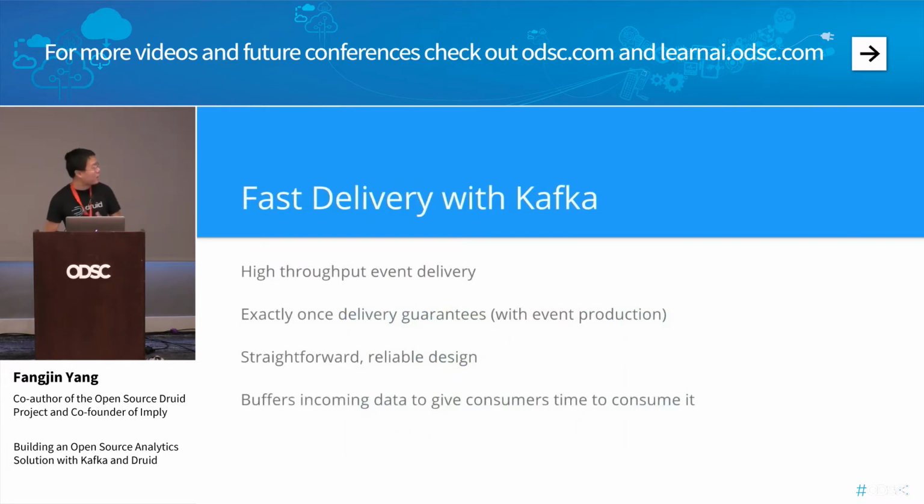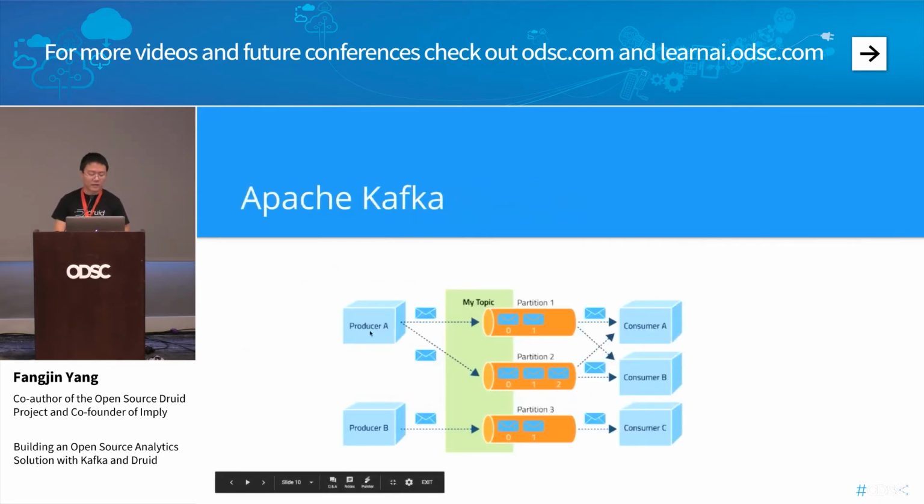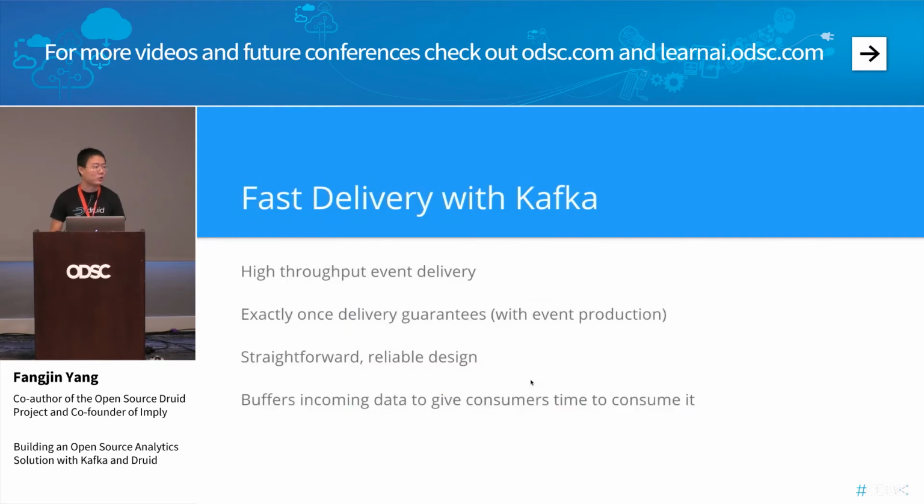What Kafka is famous for is that it's very good for high throughput event delivery, just getting a lot of events from one place to another. I think the most recent version of Kafka actually now promises exactly once event production. So the idea is that an event from a producer can now be delivered to Kafka in exactly once fashion, which just means that you're not getting duplicates or dropped messages.